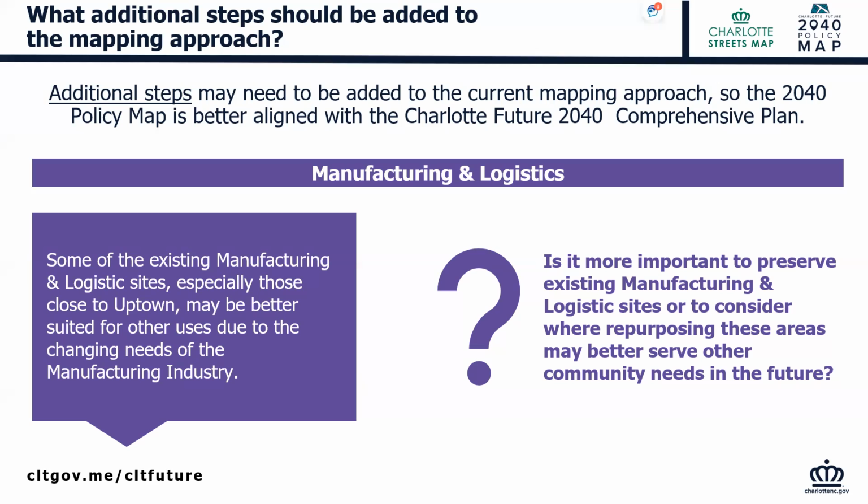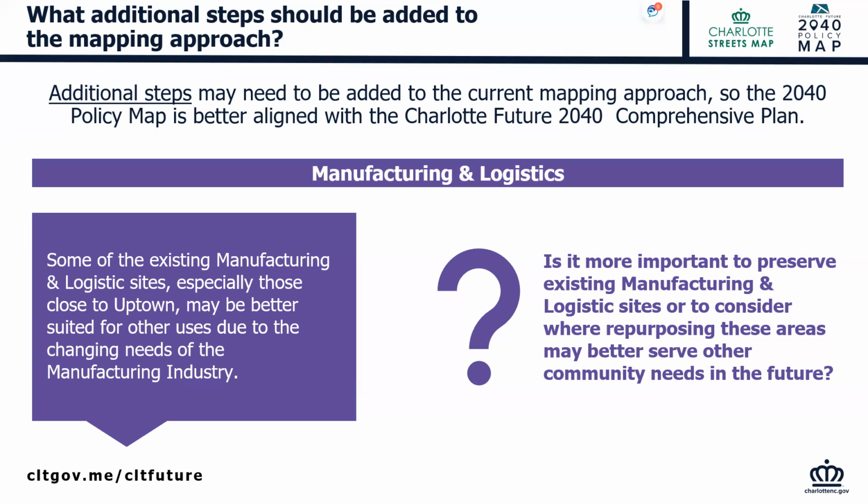I think some of the contradictions play out within the plan when it comes to preserving or even expanding manufacturing and logistics as a land use, and also the environmental justice aspect of things. I understand there are some difficulties with brownfield testing, especially on a lot of these old manufacturing sites.